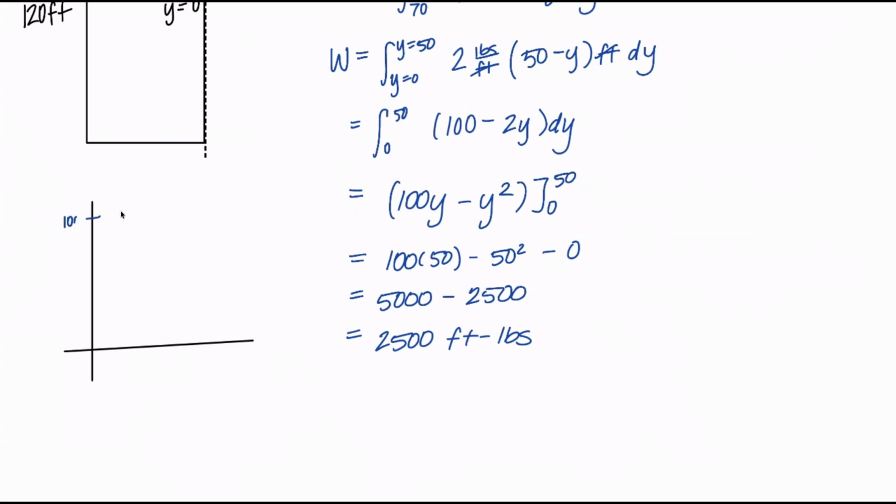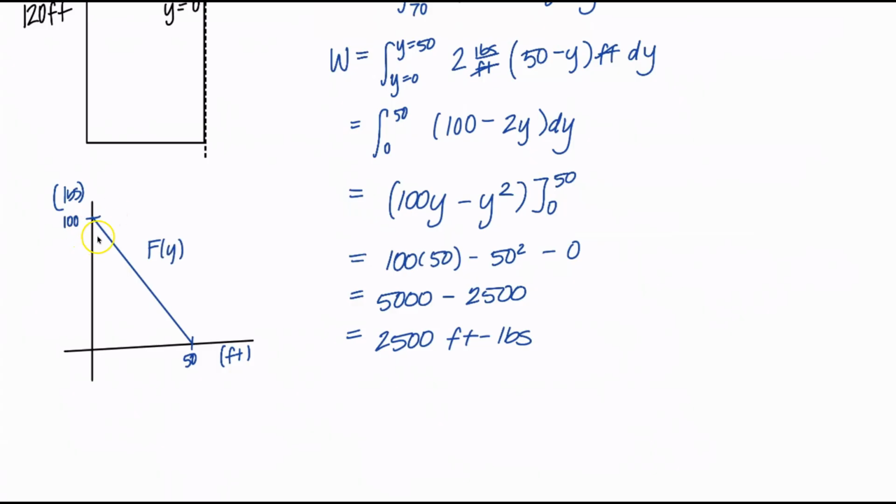The y-intercept is going to be up here at 100, and the force was in pounds, so we have pounds on the vertical axis. Then we have that slope of -2, and so this value over here is going to be at 50. And this is in feet on the horizontal axis. So this is our force function.